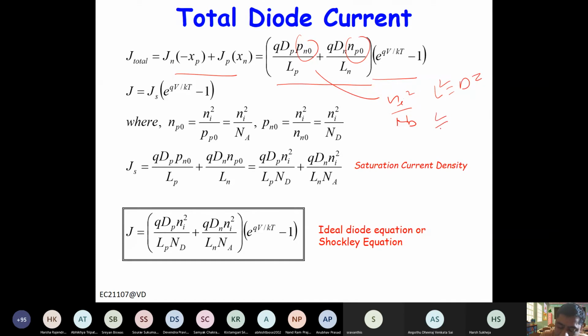So this can be simplified: Q Dp by Lp becomes Q Dp Ni square by L times Nd. D by L will become L by tau, so those things you can also change if you like. So this is basically the ideal diode equation, the Shockley equation.